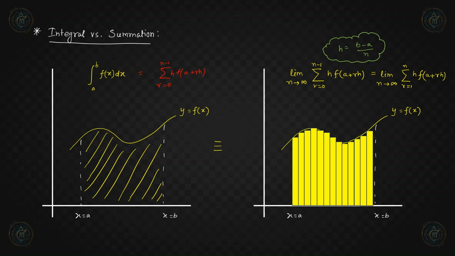So in Riemann summation, we mostly use this type of rectangles, thin rectangles. Okay, rectangular strips we use to approximate the area under the curve. And then when we tend this n towards infinity, this summation approaches the value of the integral. Okay, this is the concept of Riemann summation.